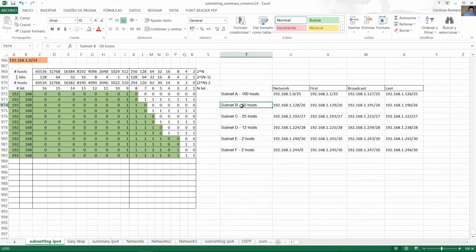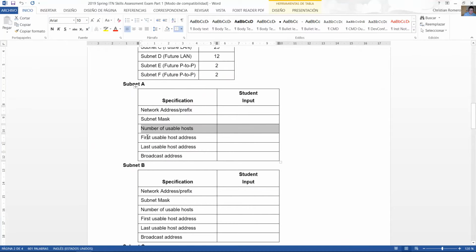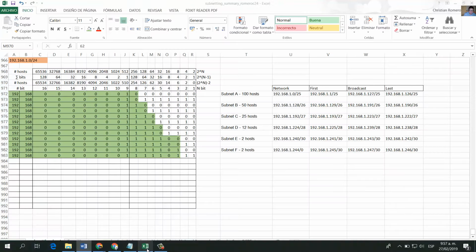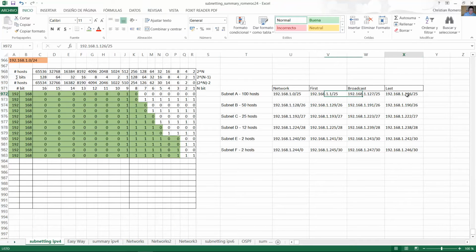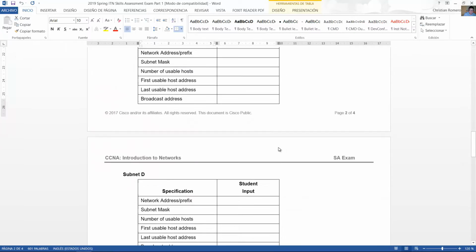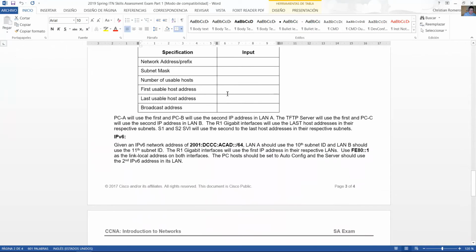For 50 hosts is the requirement, but for this subnet mask the usable hosts are 62, and so on. First, last, and broadcast address. Okay, you can complete the tables.